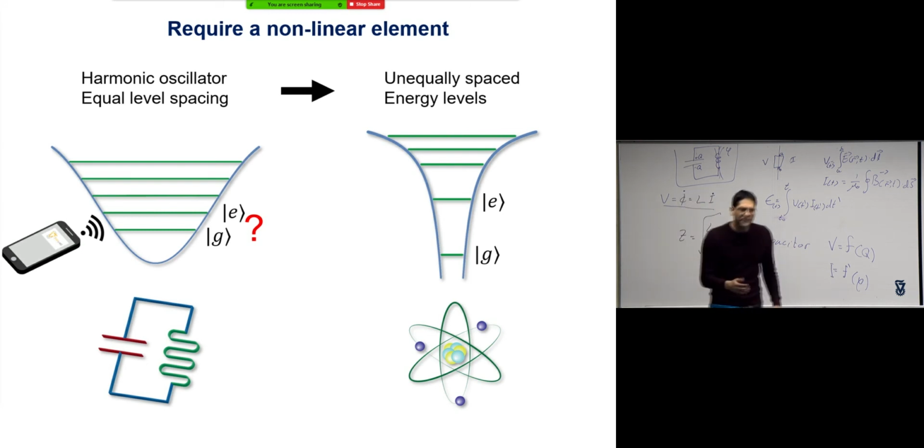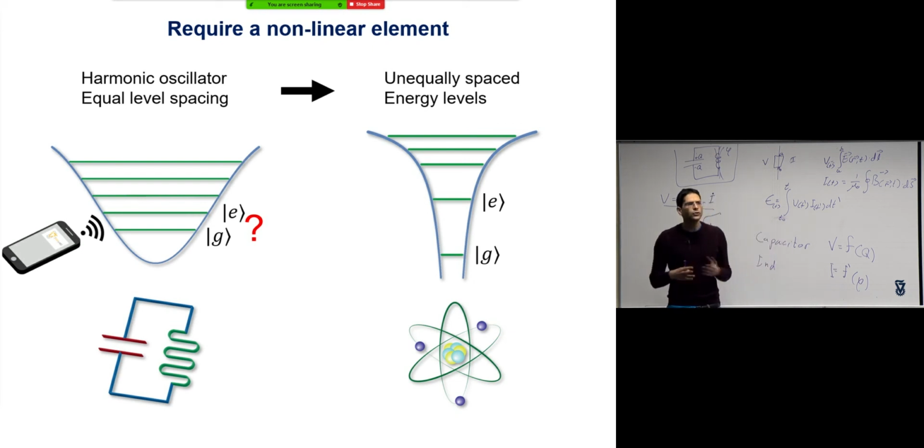So our purpose is we need something to break this linearity, and this is where the Josephson junction comes in. The Josephson junction is the additional element, which you cannot create in regular metals. You need a superconductor, and I will explain that in a second, to create this nonlinear element.